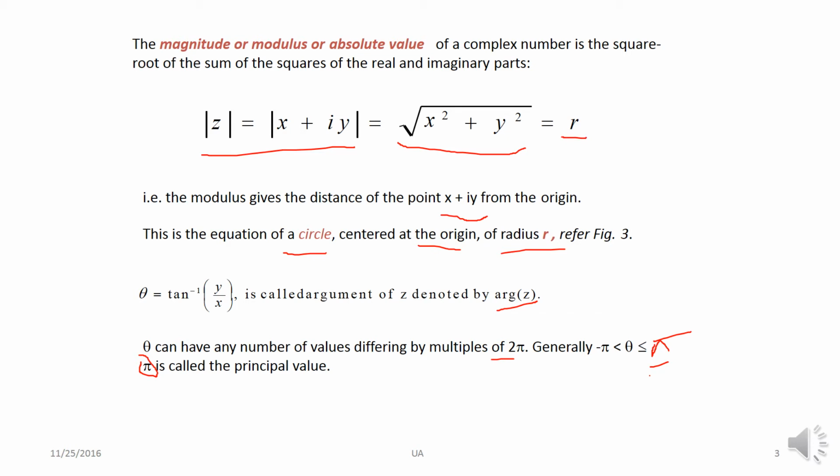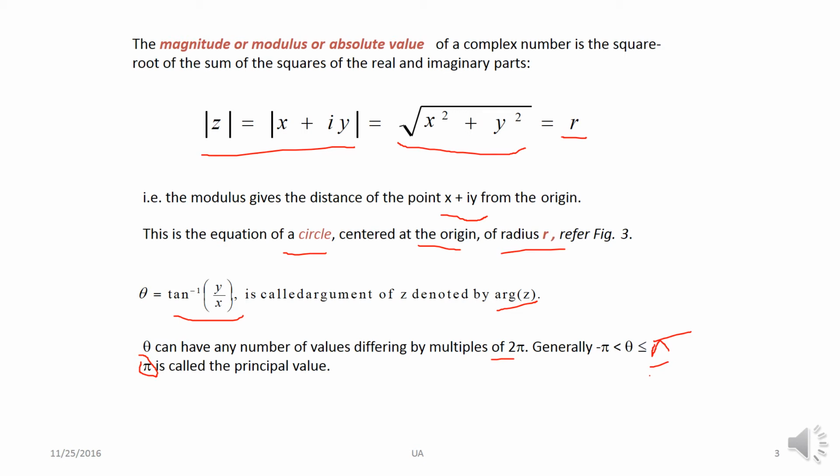Origin is the center, radius is r, and we know that theta is the argument of z, given by tan inverse y upon x, and theta can differ by multiples of 2 pi. When we say theta lies between minus pi and pi, minus pi less than theta less than or equal to pi, we get the principal value of theta.